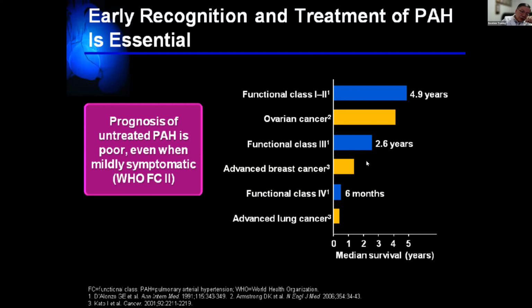And functional class 3 is 2.6 years. If you're functional class 4, you're not expected to live more than 6 months. And if you look at some of the bad cancers, ovarian cancer, breast cancer, advanced lung cancer, pulmonary arterial hypertension is pretty much as bad as some of these horrific diagnoses. So it's very important to diagnose it early and treat and refer the patient to specialized centers.